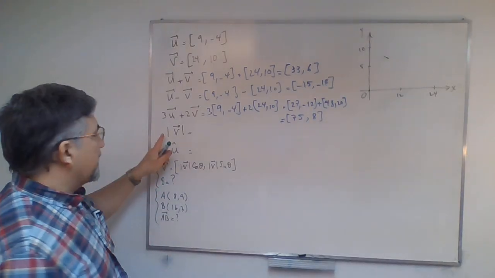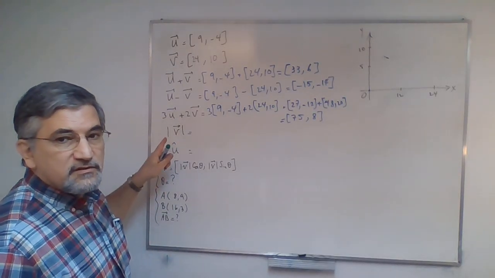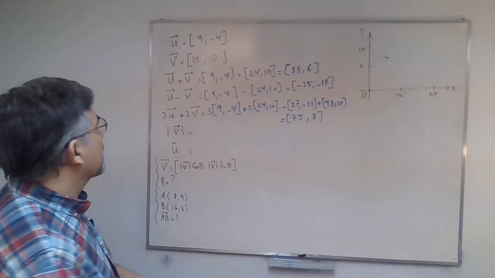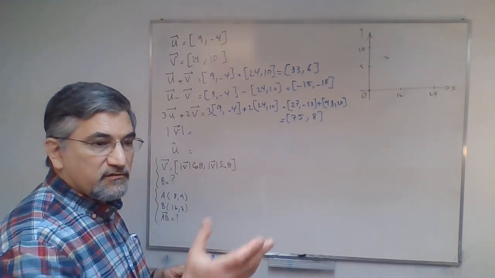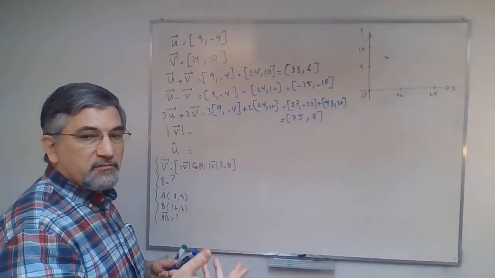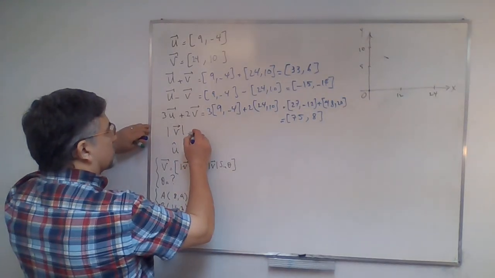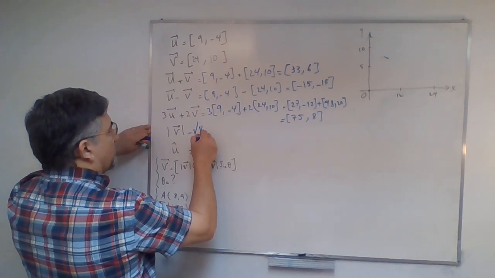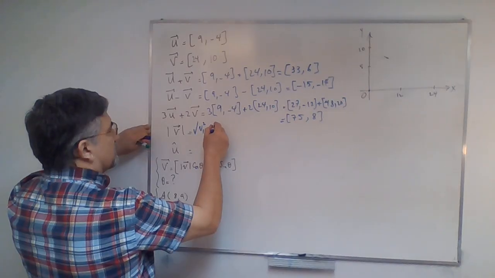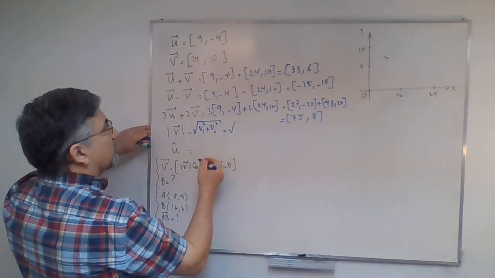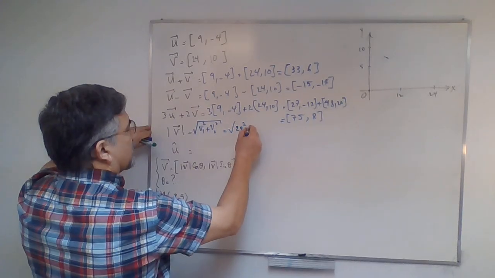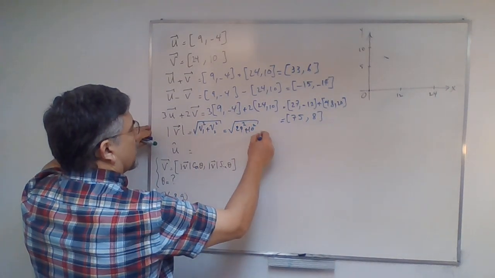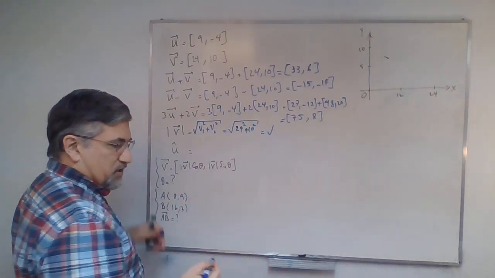Okay? Magnitude of vector v we are asked to find. So we know that the magnitude of every vector can be found by the formula that was derived from the Pythagorean theorem. So this would be something like v1 squared plus v2 squared in this case, under the radical sign. So 24 squared plus 10 squared.